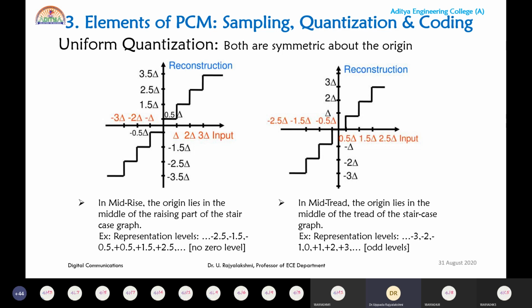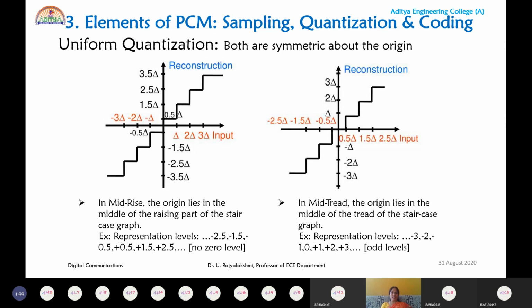The staircase waveform has some step size, and that step size is represented with delta. So what is delta? Delta is the step size. This quantization is classified as mid-rise and mid-tread.